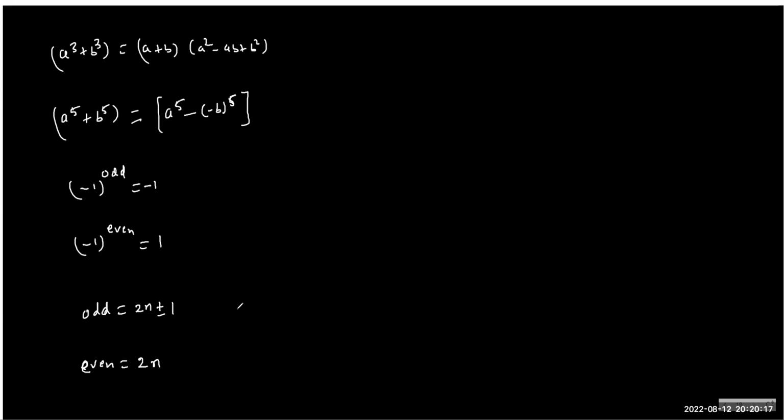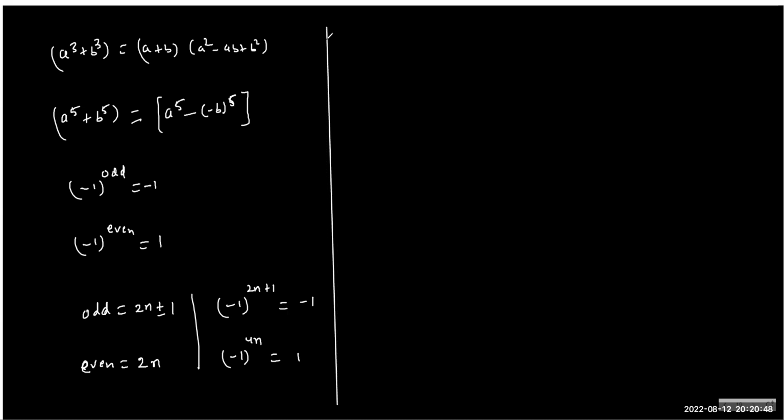So if someone writes minus 1 to the power 2n plus 1, what's the answer? Minus 1. Very good. Minus 1 to the power 4n? 1, yes, it's even. 2n, 4n is even of even. These are very simple things, but one should be aware of.